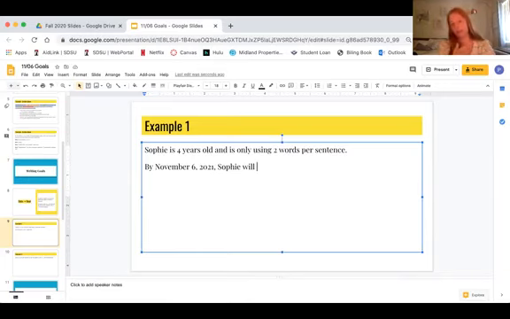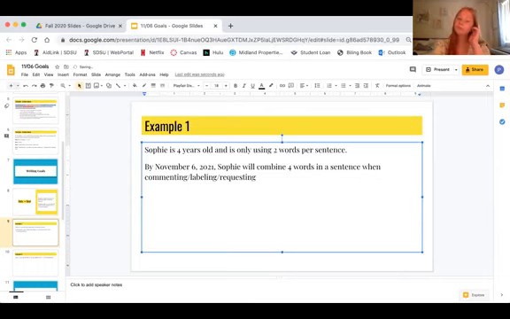So if I was writing this goal, I would say by November 6th, 2021, Sophie will combine 4 words in a sentence when commenting, labeling, or requesting with no more than 2 prompts, example, visual, verbal.